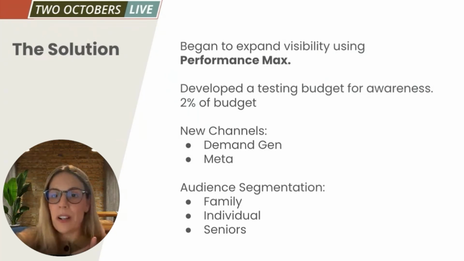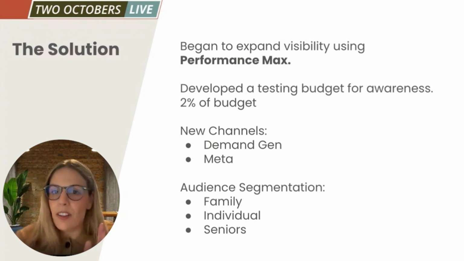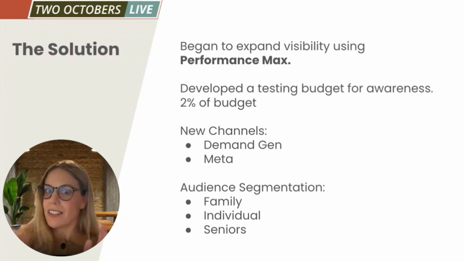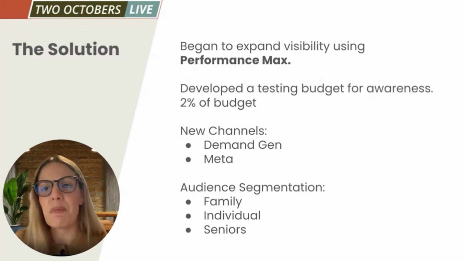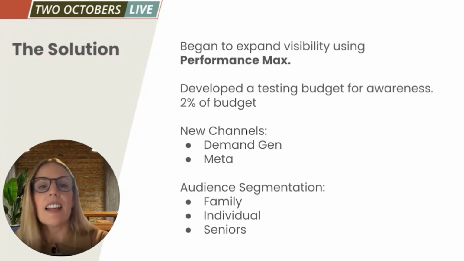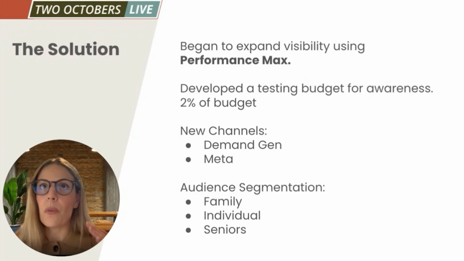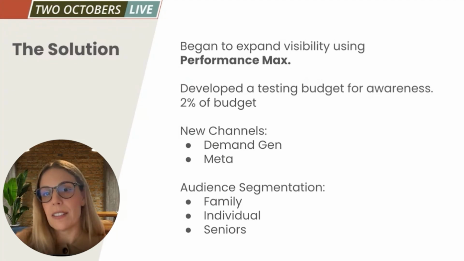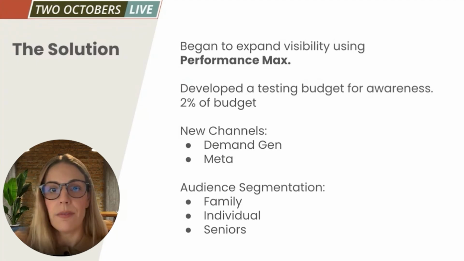And then once we could capture them in Meta and got them to the website, they would then be able to become part of this spiral looking funnel and eventually turn into apps. That was the hope. The segmentation was really important. Families, individuals, seniors were the primary focuses for how we messaged and who we were trying to target.